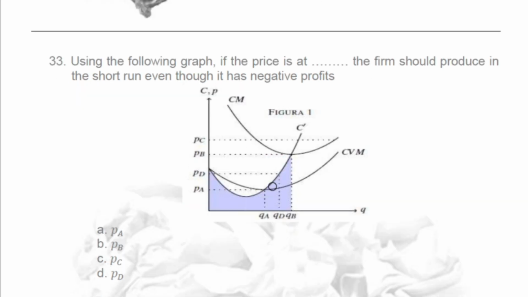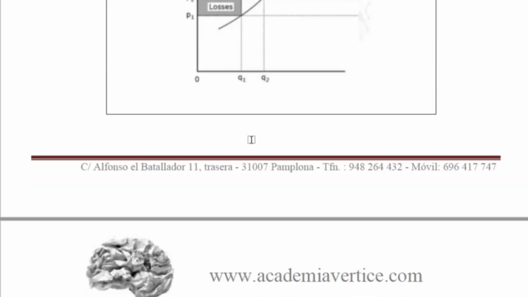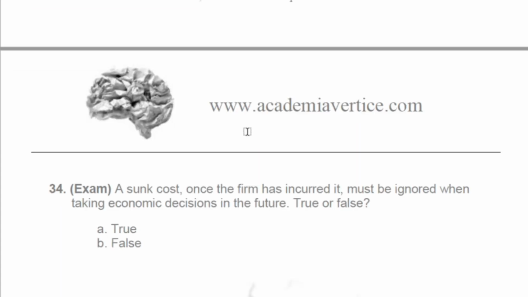As we know, this is the point below which we don't produce even in the short run. Then the answer is PD. Here you have a graph if you want to use it. Then PD, very easy.